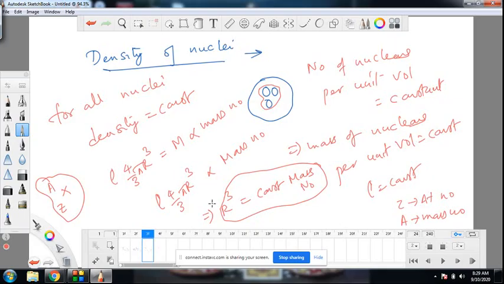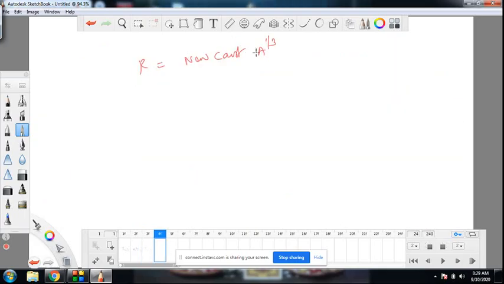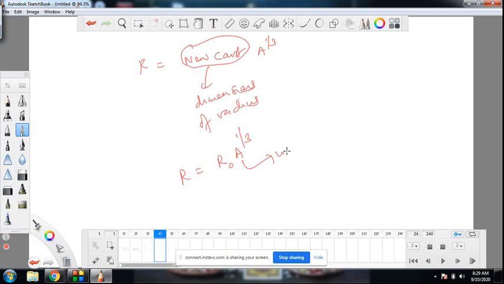So r cube is given by some constant into mass number. So r will be some new constant into mass number power 1 by 3. This new constant should have dimensions of radius, which means it is also in Fermi. So we say r is some constant r naught A power 1 by 3, where A is the mass number, which is of course dimensionless.